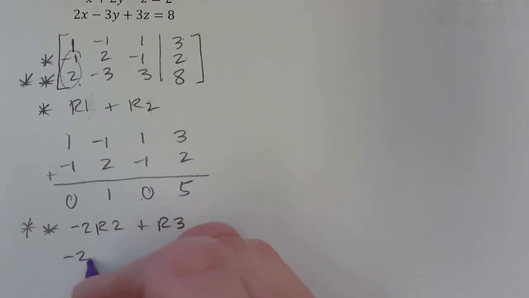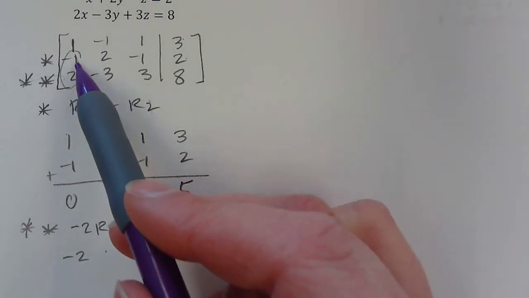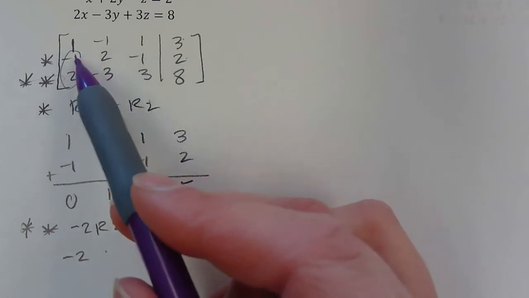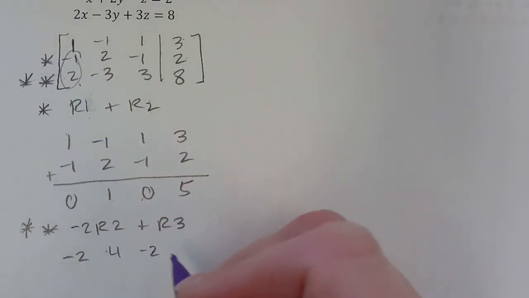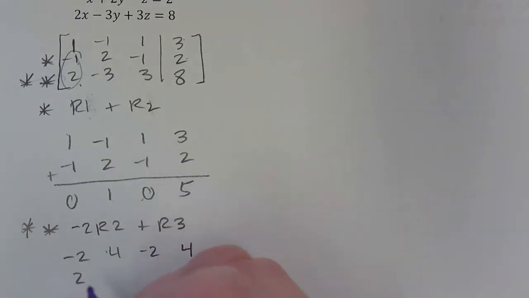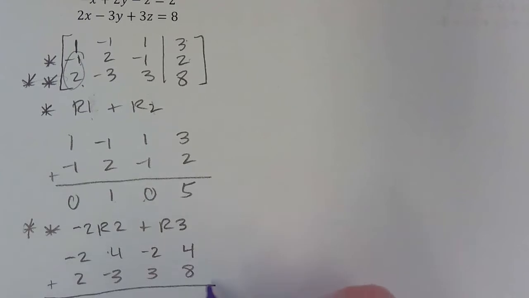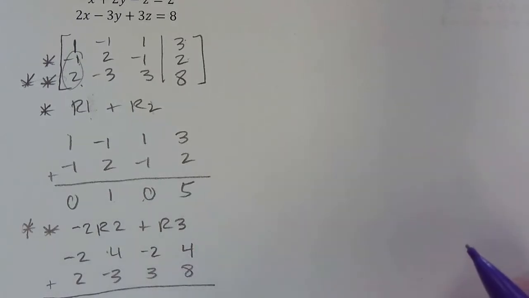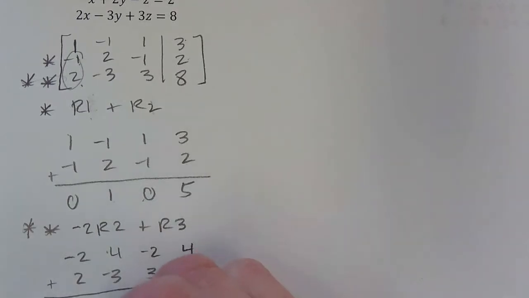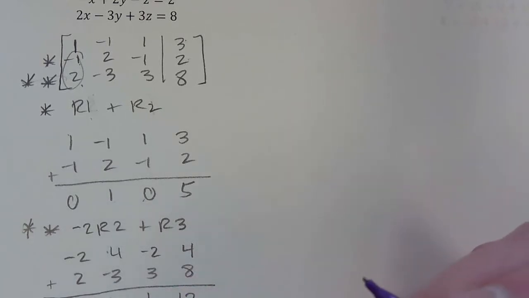That'll give me -2, 4, -2, 4. Okay. And then my last row, 2, -3, 3, 8. And we'll go ahead and add those together. So let's see what we come up with. This gives us a 0, a 1, a 1, and a 12.